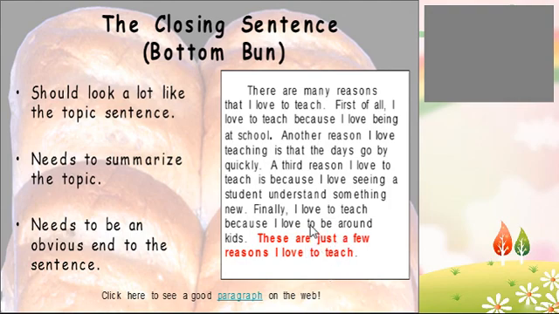We should paraphrase the topic sentence, putting it in different words, and use it as a closing sentence. The concluding sentence here is: these are just a few reasons I love to teach. So this is how to write a good paragraph.